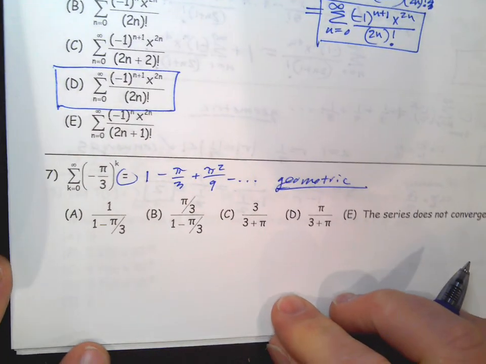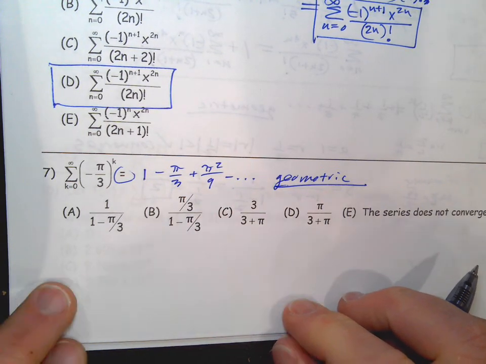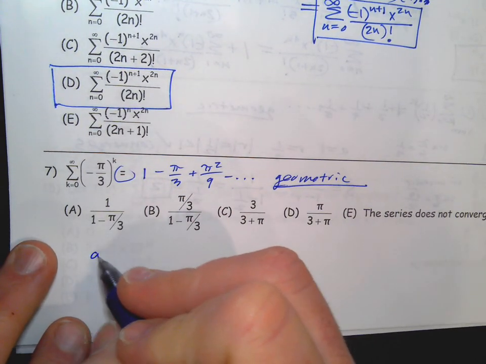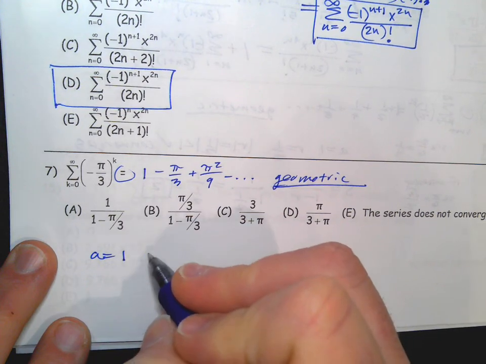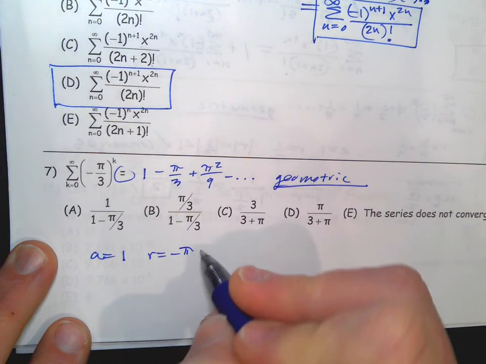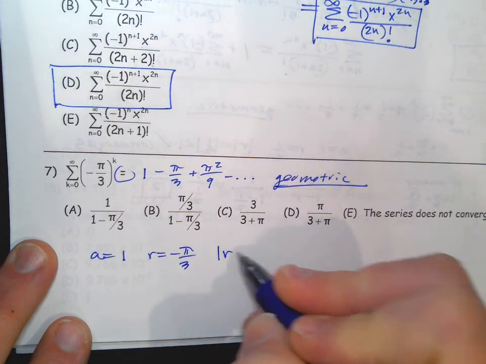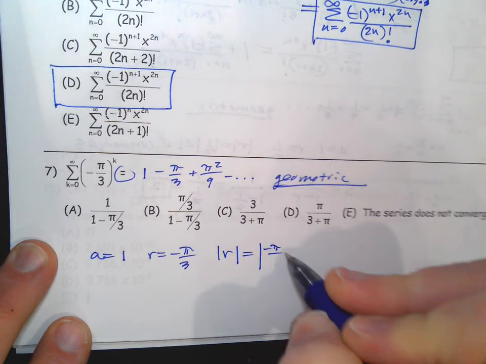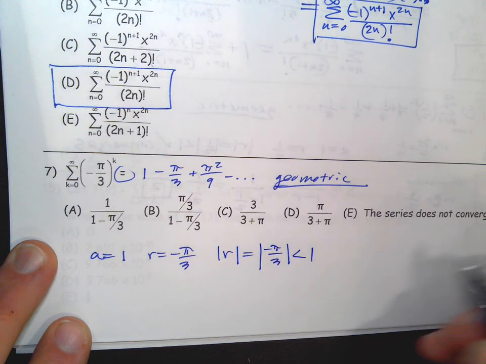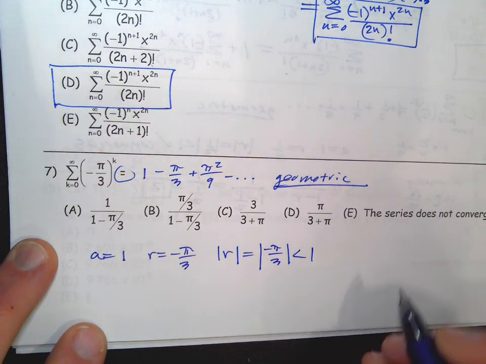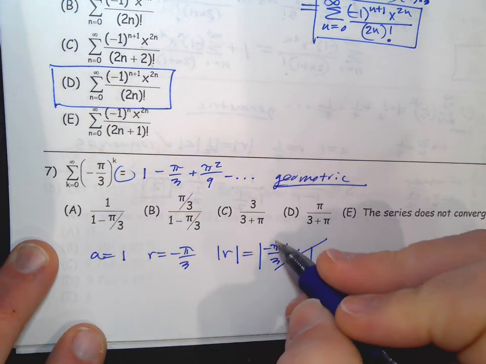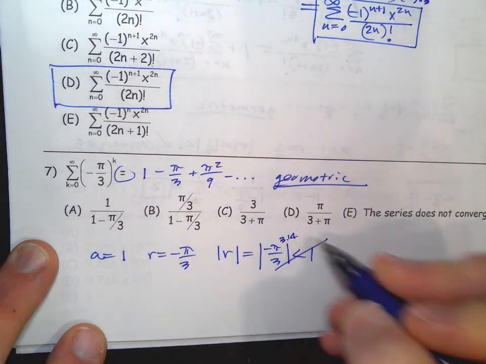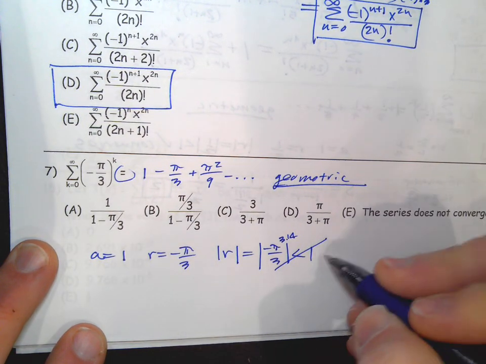Next chapter, that'll make that much easier when we add a bunch of other series in that aren't geometric. A equals 1, r equals -pi/3. We need to make sure that the absolute value of r is less than 1, which it is not. Pi is 3.14. That's bigger than 1. This diverges.